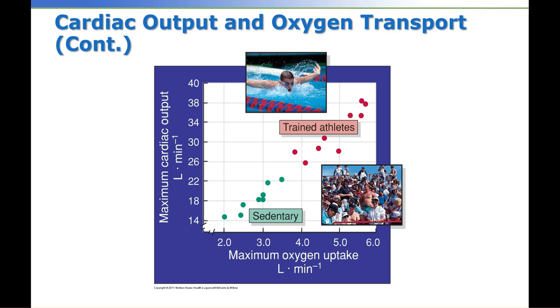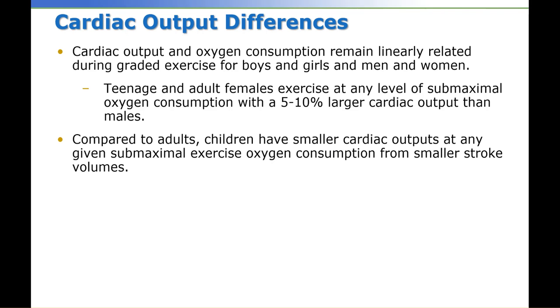This just talks about sedentary versus trained: max cardiac output, max oxygen uptake. Makes sense that trained athletes have a higher max cardiac output and a higher max oxygen uptake. Cardiac output differences: cardiac output and oxygen consumption remain linearly related during graded exercise in boys, girls, men, and women.